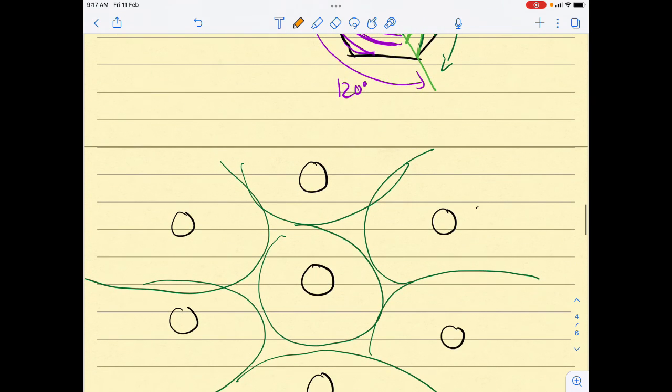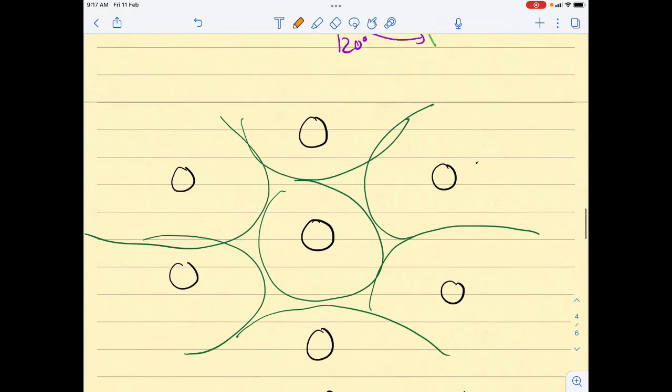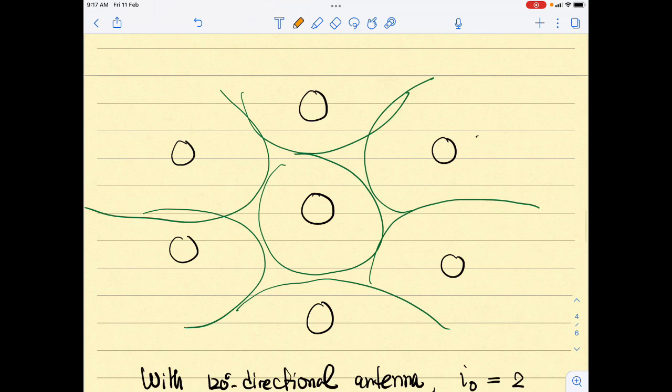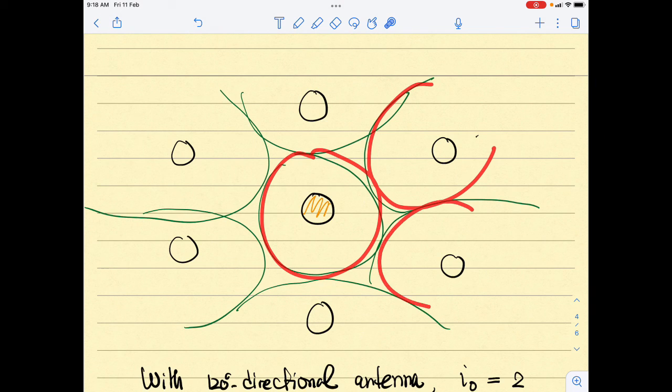Okay, so how does that work? How does this sectoring, using 120 degree directional antennas, cut down the number of closest co-channel cells? Let's look at this. We come to the same setup. So we have the intended cell right here, in this cluster, and there are nearby clusters. There are 6 of them.